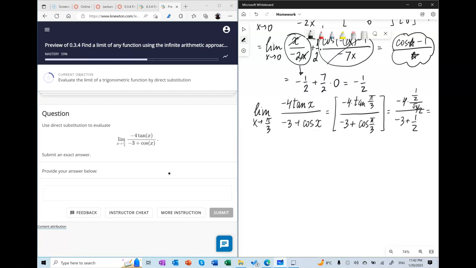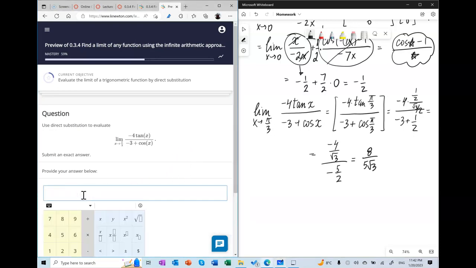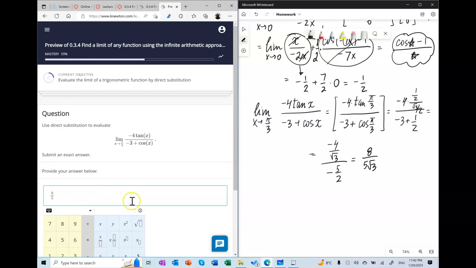So the final answer would be -4 over square root of 3 in the numerator and -5/2 in the denominator. So simplifying it gives us what, 8 over 5 square root of 3. We can simplify this, but the problem doesn't ask us to simplify anything, so we just write it like this: 8 over 5 square root of 3.